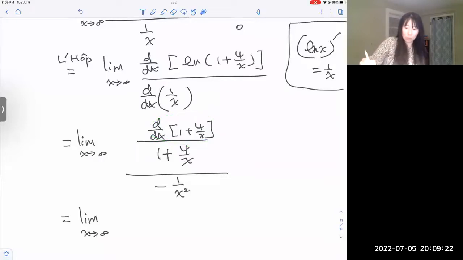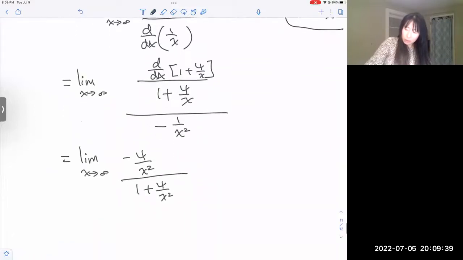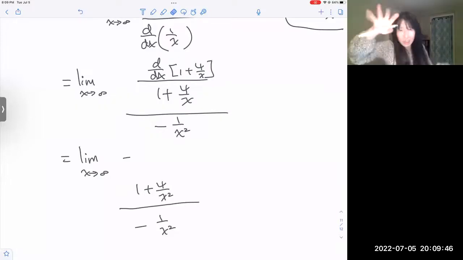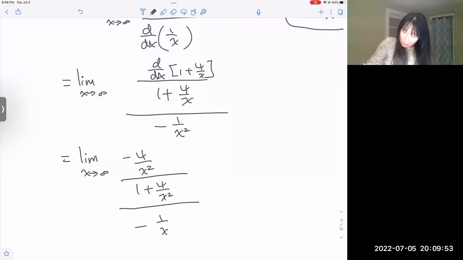Negative 4 divided by x squared. Then it looks like this one cancels out, right?